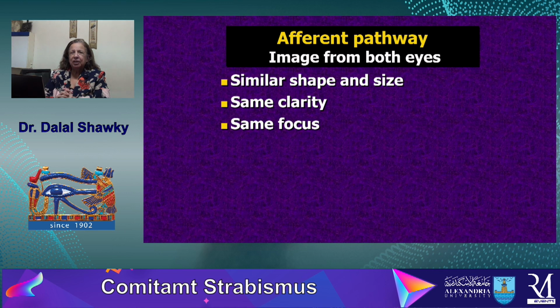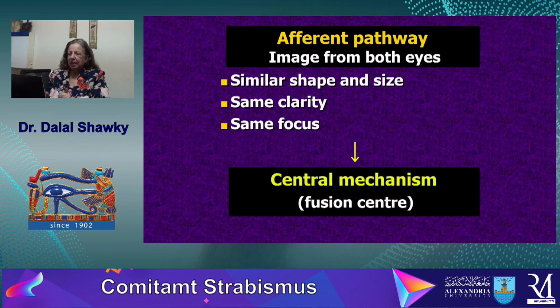If the images coming from the two eyes are of similar shape and size, same clarity and same focus, this will be understood by the central mechanism or the fusion center. In the fusion center of the brain, there will be a fusion of the two images coming from the two eyes.